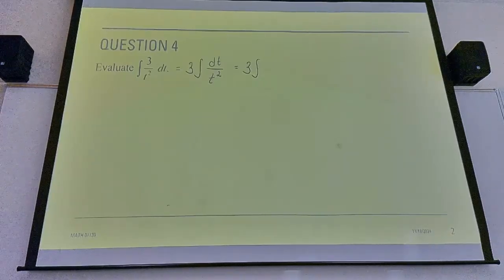T to the minus 2 dt. Yeah, right. That's a t to the minus 2, because then you can use power rule, right? Right.